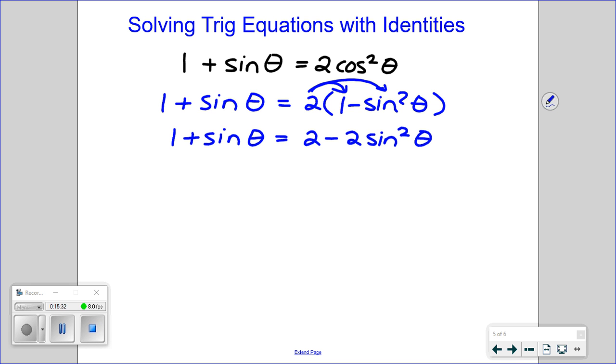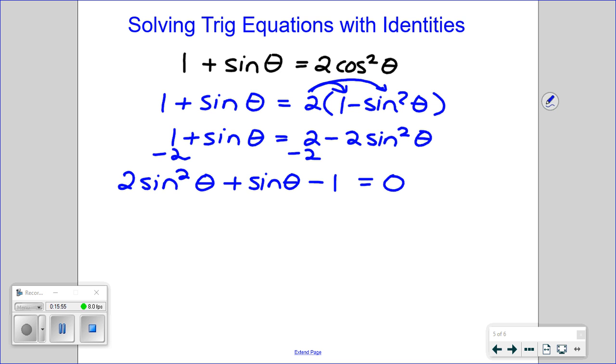And so why don't we go ahead and set it equal to 0. So I'm going to add the 2 sine squared, okay, and bring it over here. Okay, I'm going to keep the sine theta on the left, because I am trying to move everything to the left. And then I'm going to subtract this 2 from the 1. So that'll give me minus 1 equals 0.